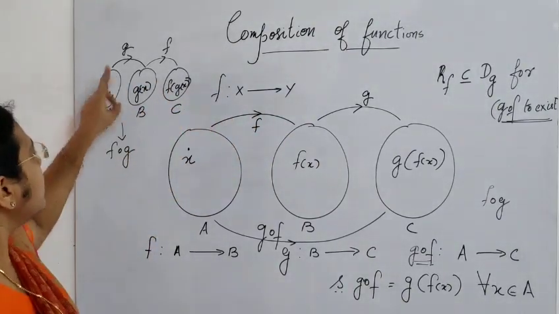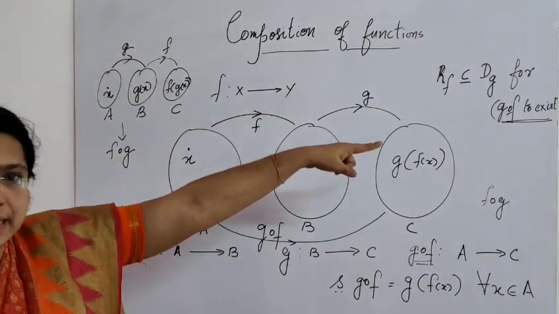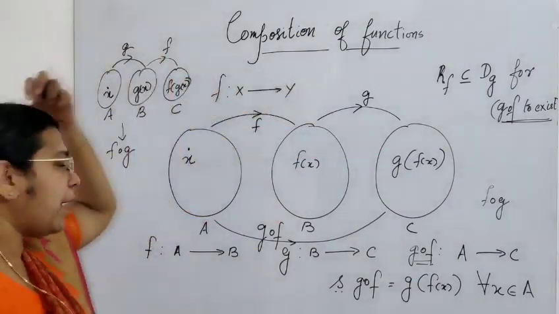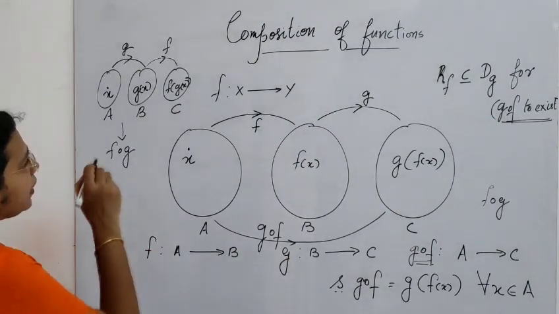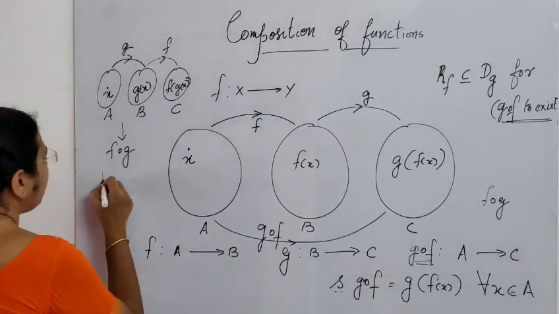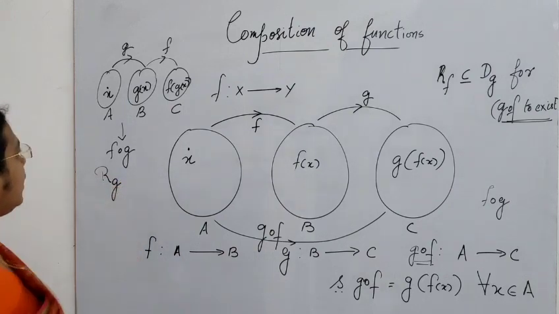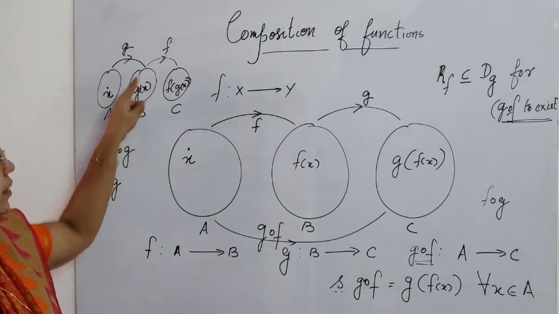Got it? Now as we have dealt with the range of the function f, here when you look at it, what can you say about the range of G? Which is the range of G? This one.